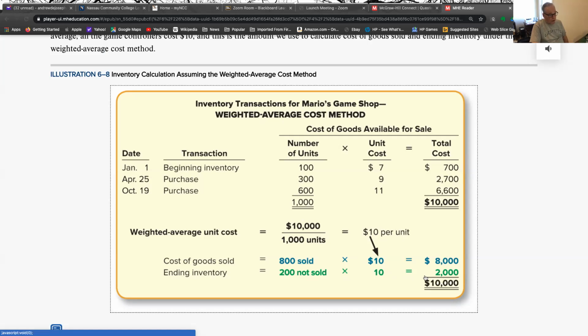Well, what's cost of goods sold? They're showing you here 800 times 10. Yeah, that's true, but I want you to kind of forget that. What I want you to do is to take this 2,000 and subtract it from this 10,000. 10,000 minus 2,000 is 8,000, right?